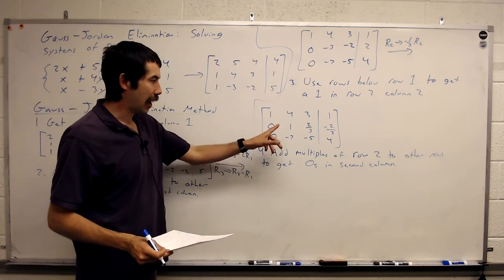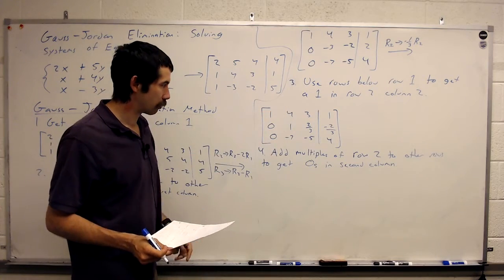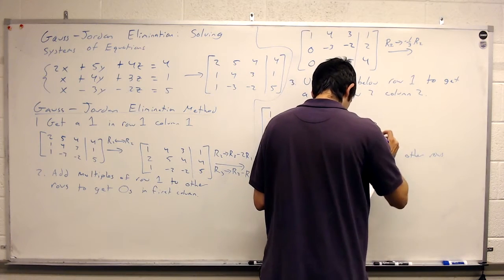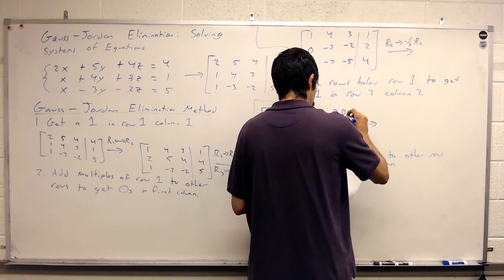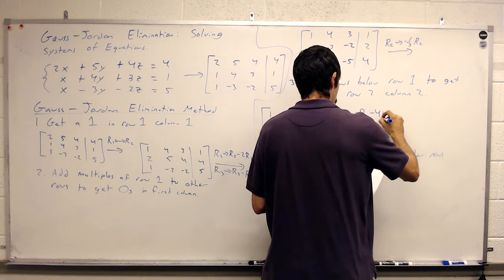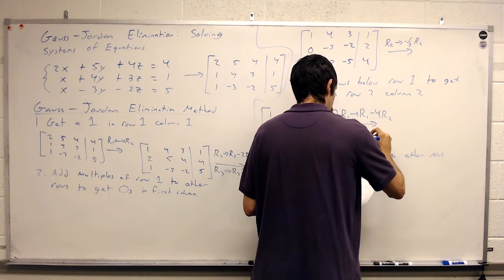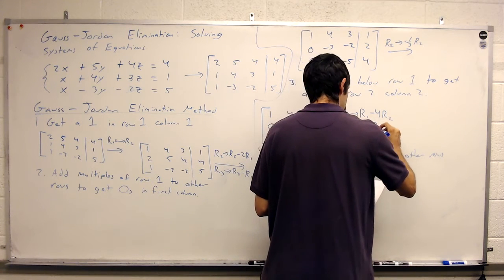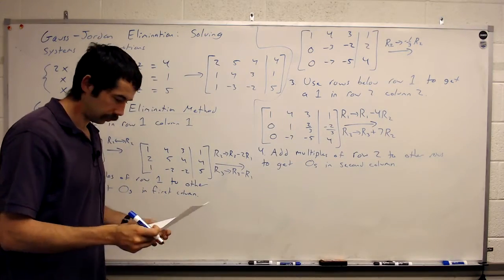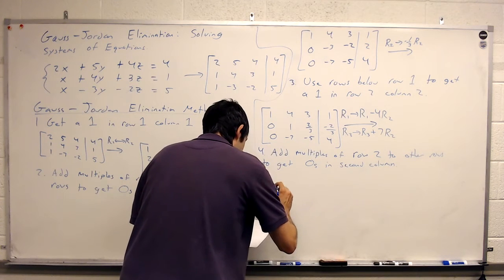All right, so we're going to add negative 4 copies of row 2 to row 1 and 7 copies of row 2 to row 3. So row 1 will become row 1 minus 4 row 2, and row 3 will become row 3 plus 7 row 2. All right, and so when we do this, we get the following.